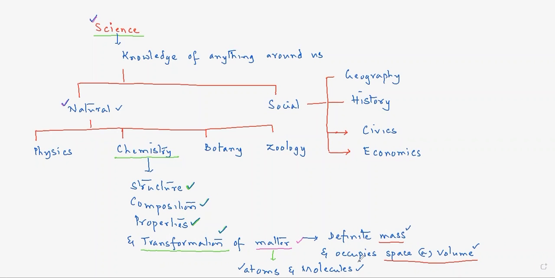I mean, from the view of the atoms and from the view of the molecule. So this is quite a broader definition for chemistry. Without knowing what chemistry is, you cannot just get into the other topics of chemistry. So I've given you this clarity on what chemistry is. Hope this is clear.